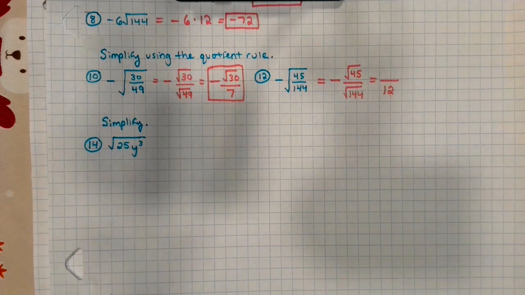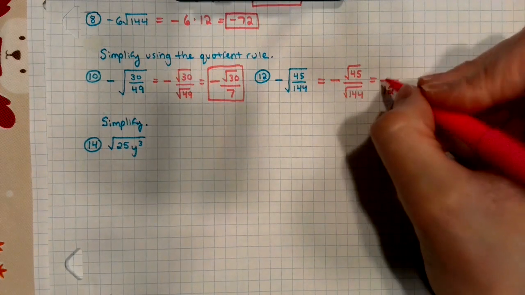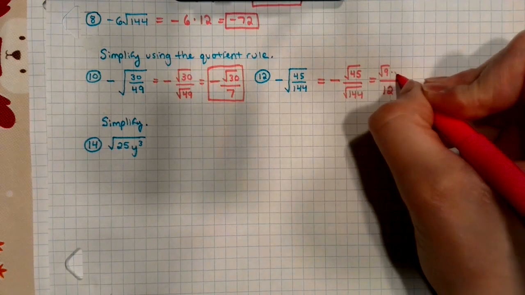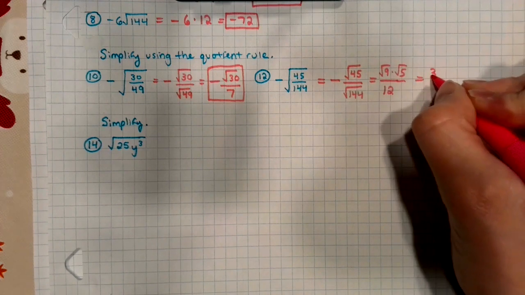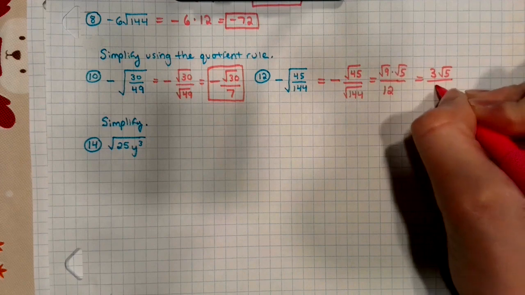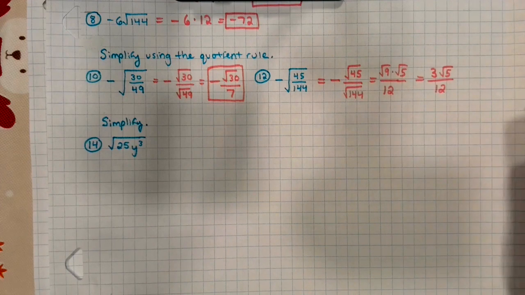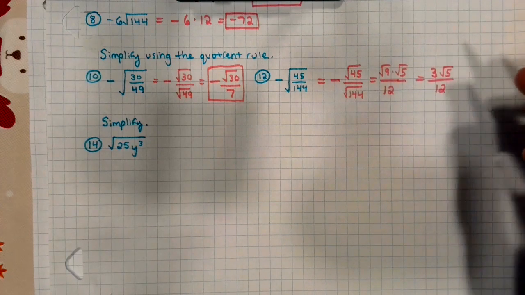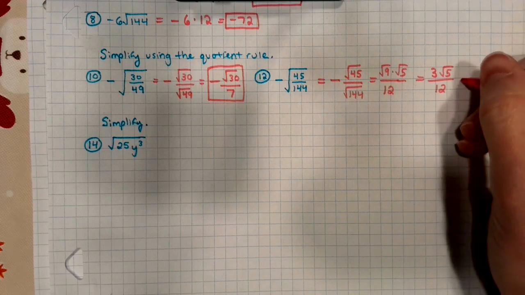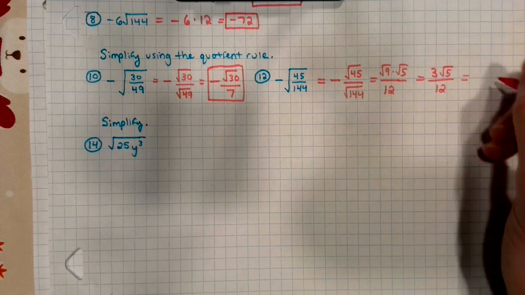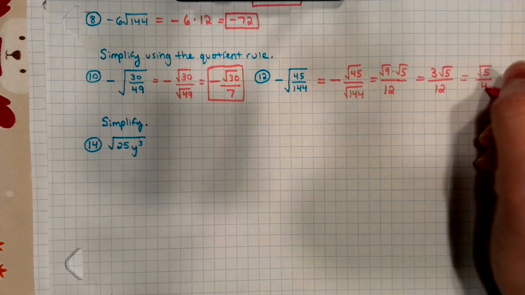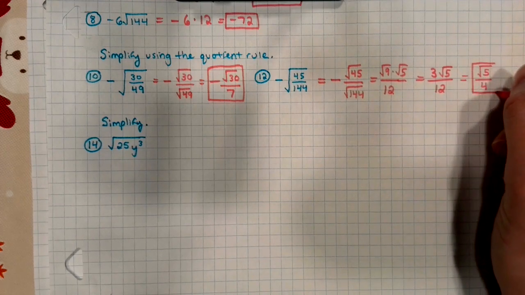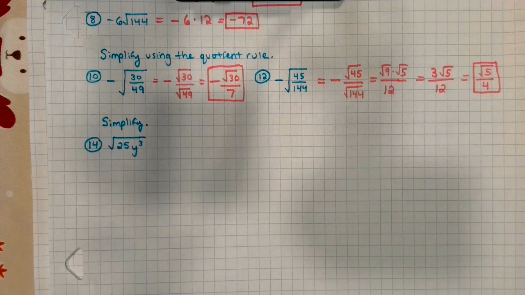And then the square root of 45, we can rewrite as the square root of 9 times the square root of 5. And the square root of 9 is 3, so we have 3 square root of 5 over 12. And then we do need to simplify this further. 3/12 is the same as 1/4. So we really don't even need to write the 1 out front. So we would just have the square root of 5 over 4. And that would be the final answer for that one.